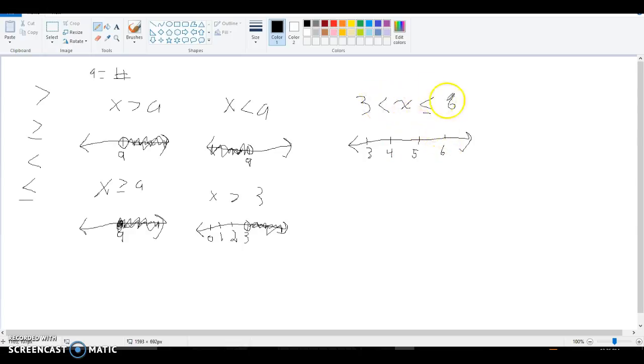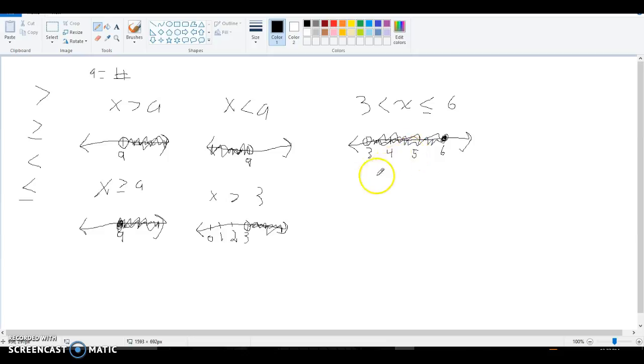So we're going to find 3 and 6 on the number line. Here's 3, and since it's only less than x, we're going to put an open circle on 3. We found 6, and since x is less than or equal to 6, we'll put a closed circle. And since x is in between these two numbers, we're going to shade only this area in between 3 and 6.